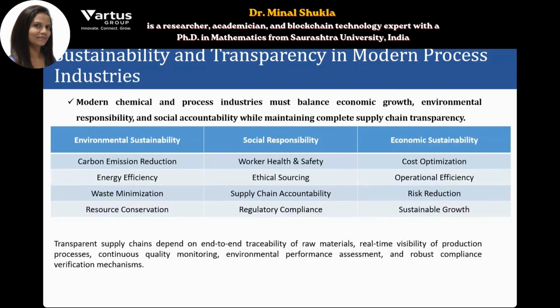Now, sustainability and transparency in the modern process industry. How is it? The modern chemical and process industry must balance economic growth, environmental responsibility, and social accountability while maintaining complete supply chain transparency. Well, we talk about environmental sustainability, social responsibility, and economic sustainability, and these are three different things.